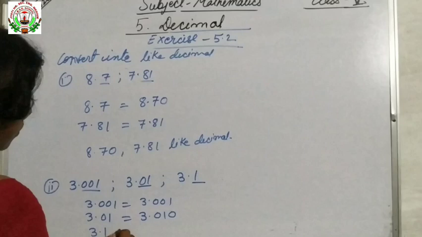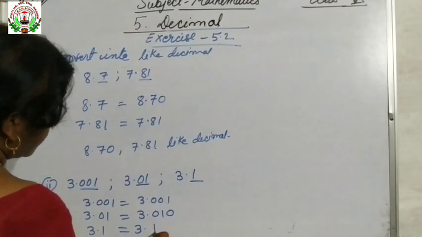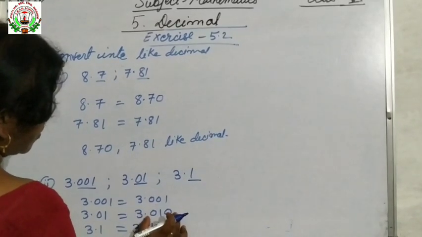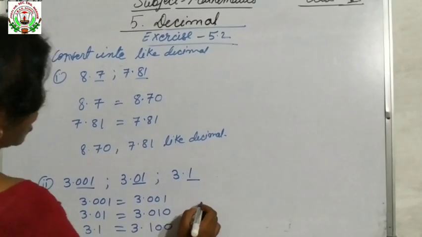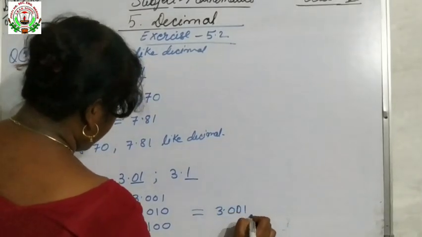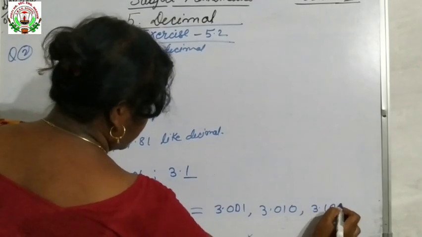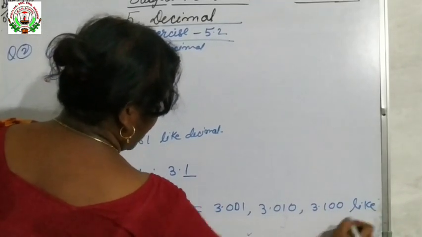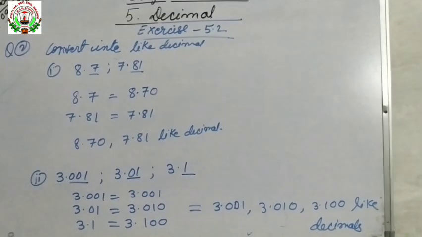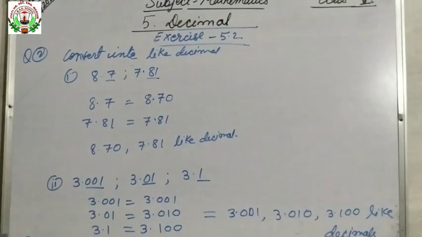And in 3.1 only 1 digit is there, 1 decimal place. So you will write 3.100. Now see, after decimal 3 decimal places, 3 and 3. So they are like decimals: 3.001, 3.010 and 3.100. Understood? So that is how to convert unlike to like. Clear?